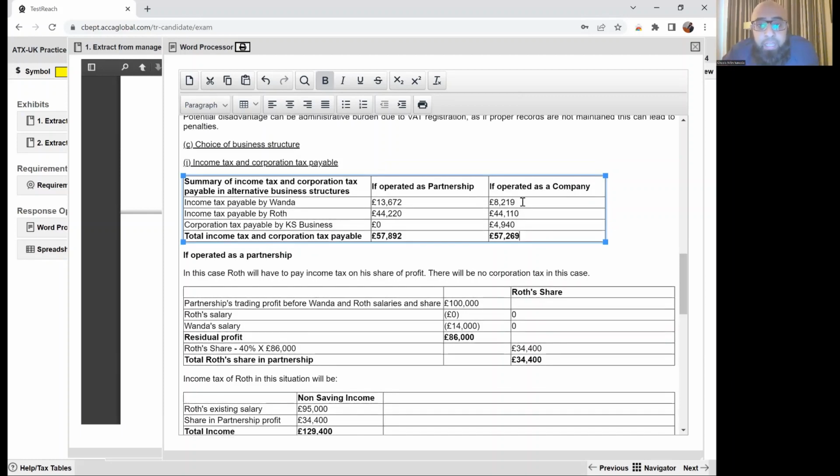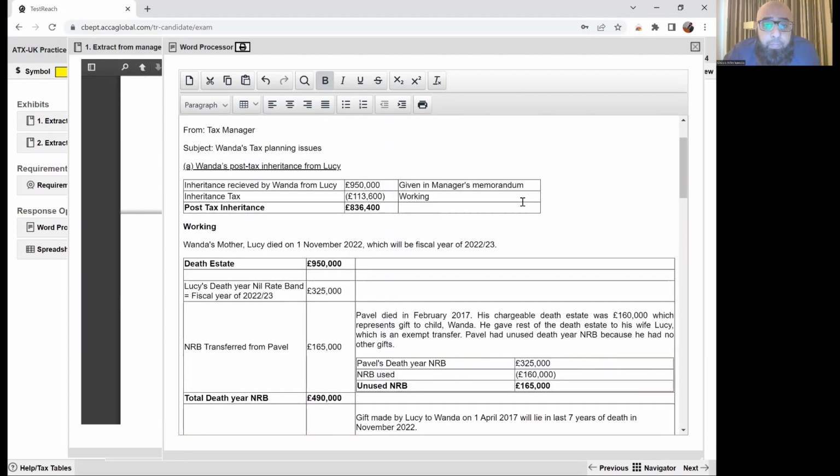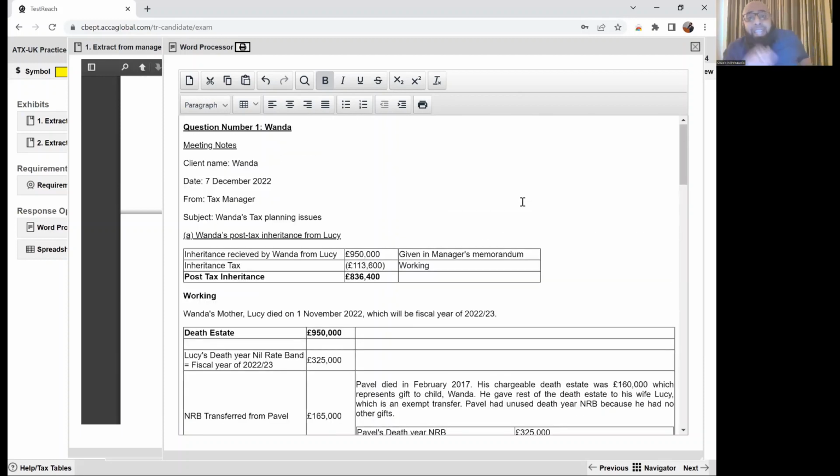If you look at the entire question, this question is not technical. It's lengthy. There's a lot of calculation. But believe me, this whole calculation is very basic. Like calculating income tax and corporation tax, these are not difficult things. For a student at advanced tax level, this is just like a peanut thing. We made the meeting notes.